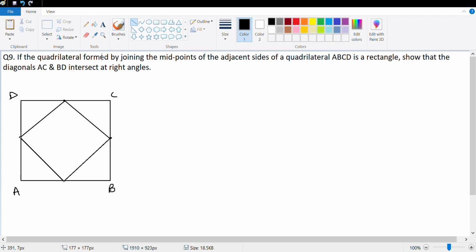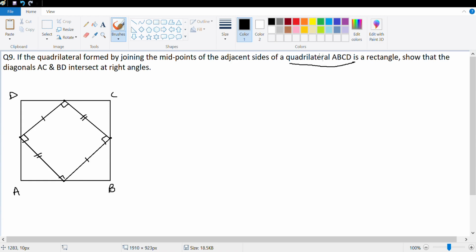So they're saying if the quadrilateral formed by joining the midpoint of adjacent sides is a rectangle, which means these four angles are 90°. This side and this side are equal. This side and this side are equal. This side and this side are parallel. This side, oh, this is not parallel. It's not given to be a parallelogram.